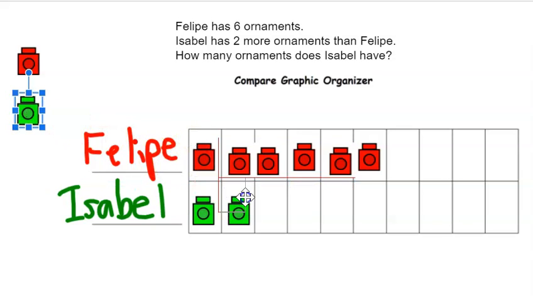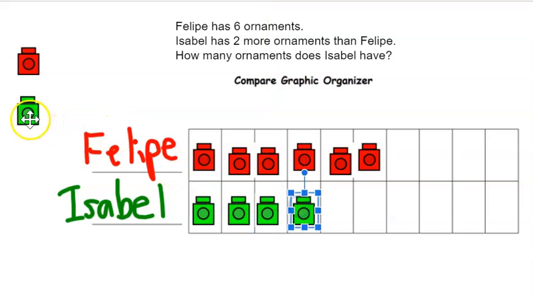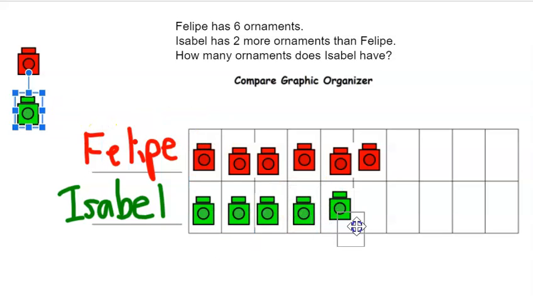Count with me. 2, 3, 4, 5, 6. Now, it said that Isabel has 2 more ornaments than Felipe.